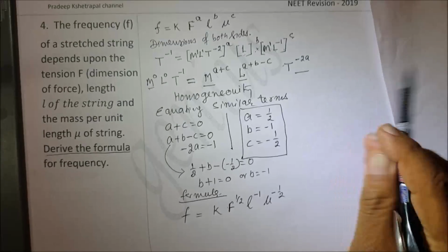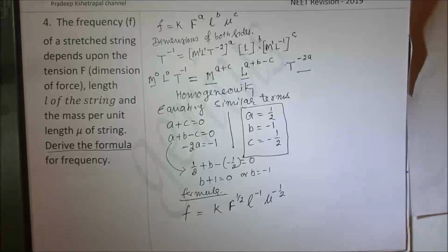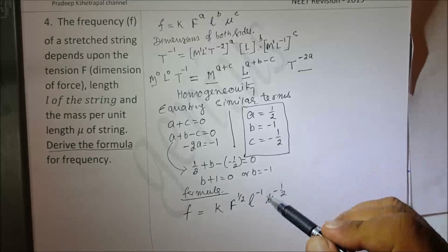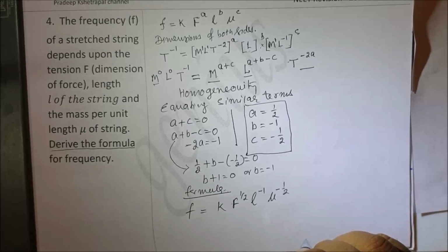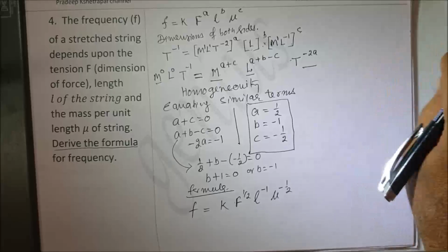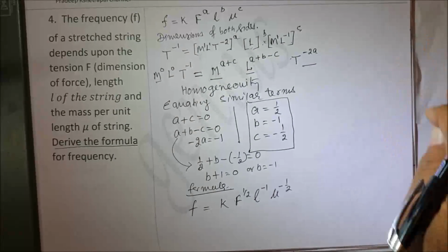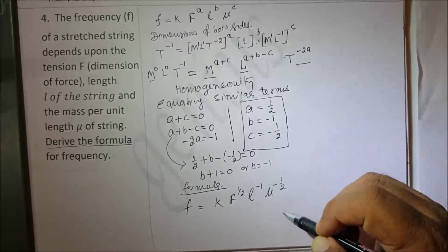Okay, but we want to write it in the conventional way. What is the conventional way of writing it? It says that everything which has got a negative power should go to the denominator, and any number which has got power 1 by 2, half, that should be within the square root. So we do it that way.